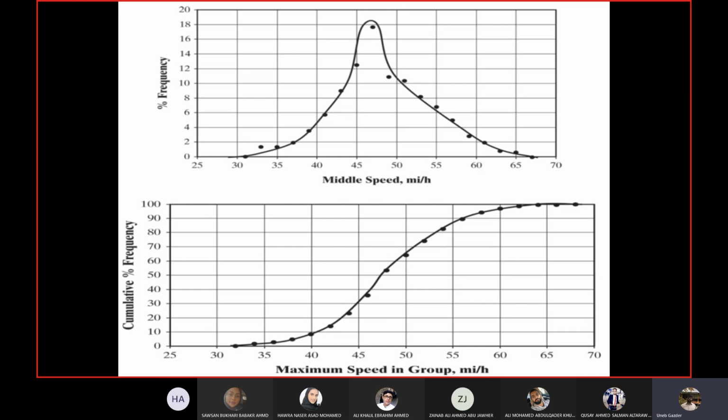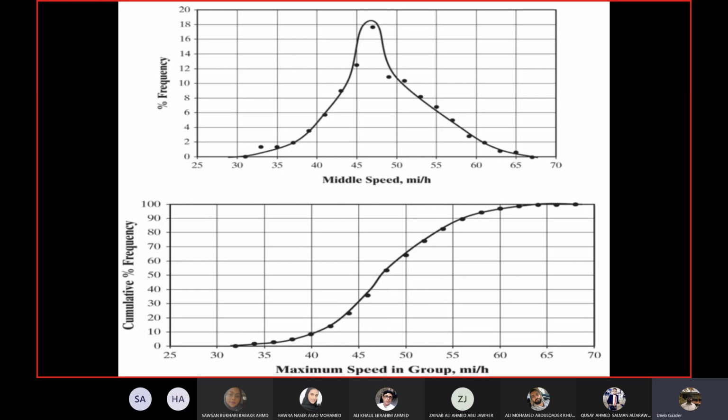And again, keep one thing in mind that we are plotting the best fit curve. So we are not just simply joining the points. We are making our own shape. We are trying to make a smooth curve, and then you are trying to judge visually whether it is a symmetric or a bell-shaped curve or not. So it's quite difficult to judge it on the basis of the curve.